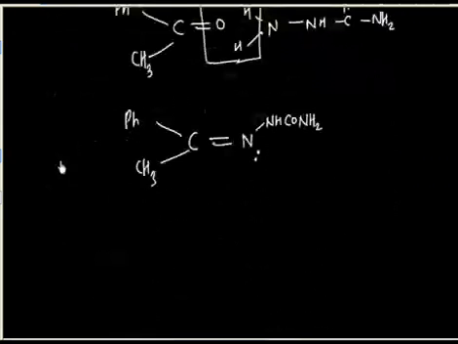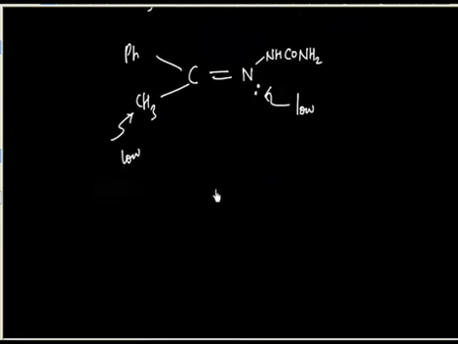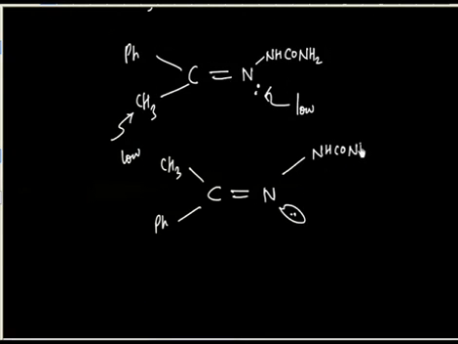E means this should be opposite. So this is low priority here, and in this case this is the low priority, so they should be opposite. So we will have the N lone pair here, and then this side CH3, and this side Ph, and here NH, CO, NH2. So this is basically the E isomer. Are you getting it?